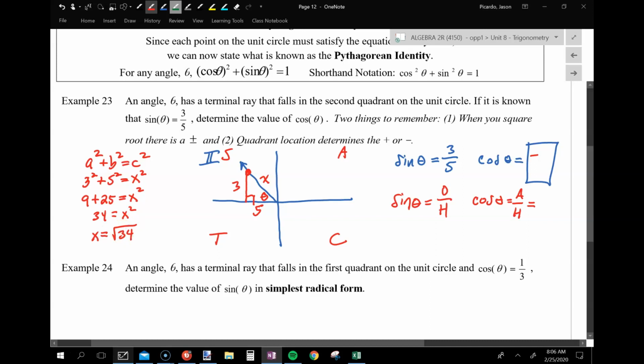I got the square root of 34. So that represents the value of x, right? So what is my solution to this, guys? Well, it's the adjacent side, which is of length 5, over the hypotenuse, which we just calculated to be the square root of 34.